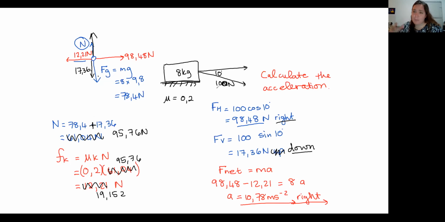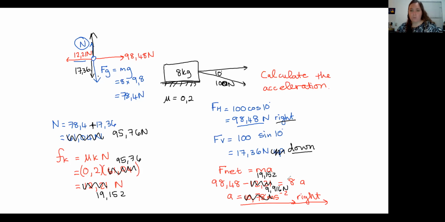Anything that pushes down makes friction bigger. Anything that lifts up makes friction smaller because it affects your normal. So here we would have to subtract a bigger value of 19.152. So 98.48 minus 19.152, divided by 8. That gives me an answer that my acceleration would have changed to 9.916.